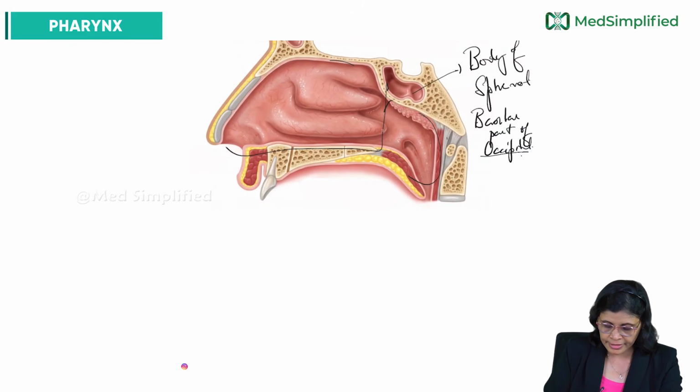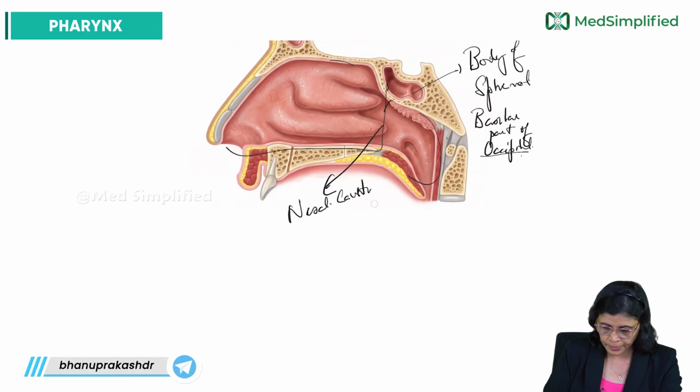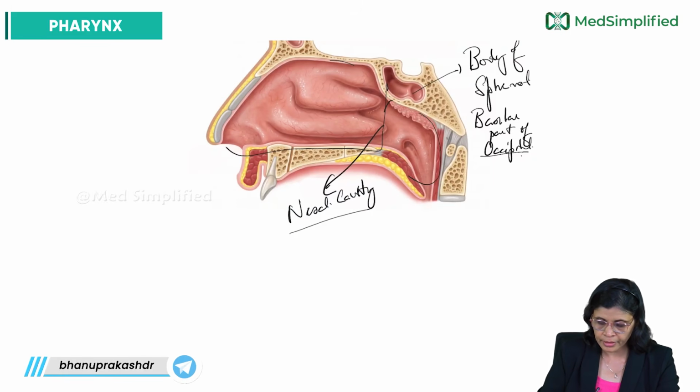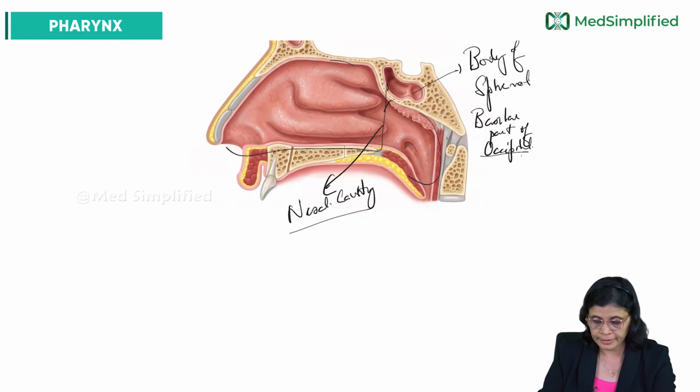Anteriorly, it communicates with the nasal cavity through the choanae. Below, it is bound by the soft palate.